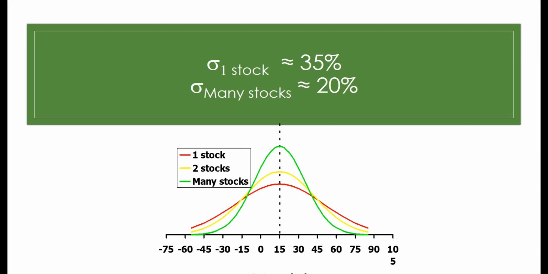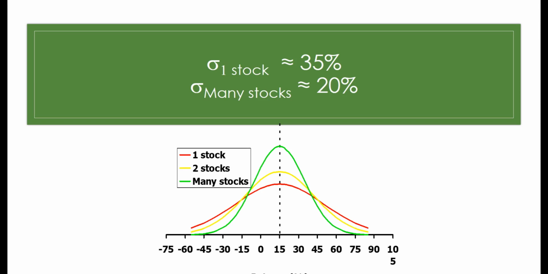So here, before we talked about the probability distributions, and we said that the more peaked they are, the more concentrated around the mean they are, the less risk there is. And so we see that as we add stocks to our portfolio, the probability distribution becomes more peaked. So it's less risky.